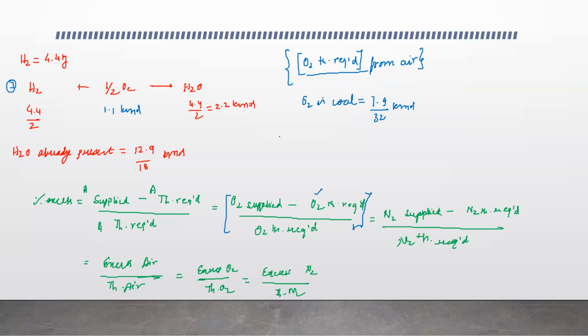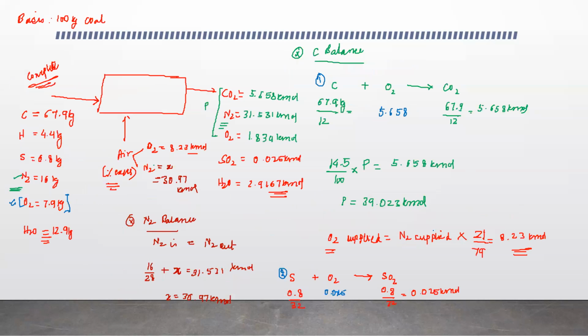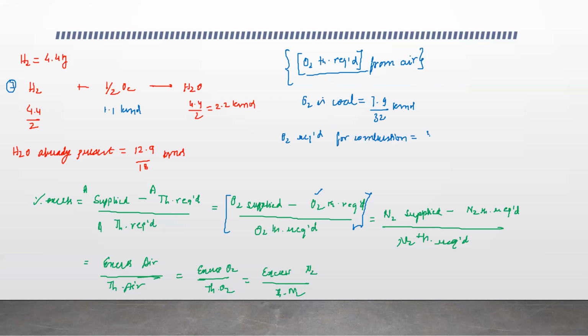So oxygen required for reaction, or oxygen required for combustion, is going to be 5.658 plus 0.025 plus 1.1. This is what is required for combustion. Therefore, oxygen theoretically required from air is going to be the oxygen required for combustion minus the oxygen that is already there in the coal.